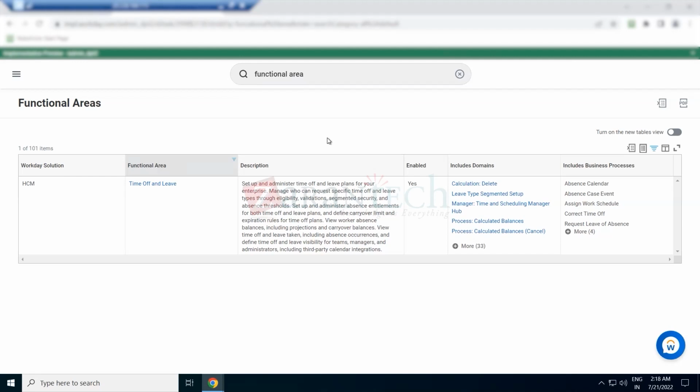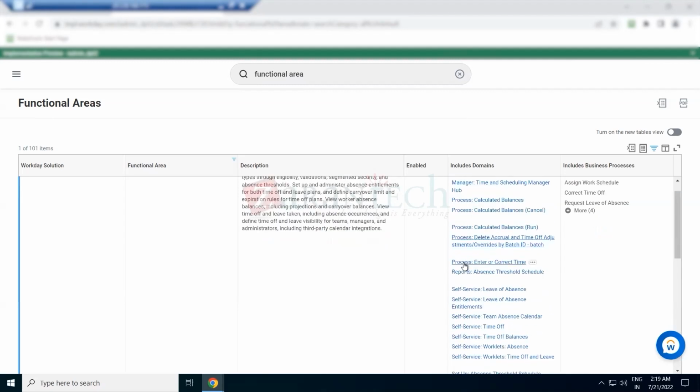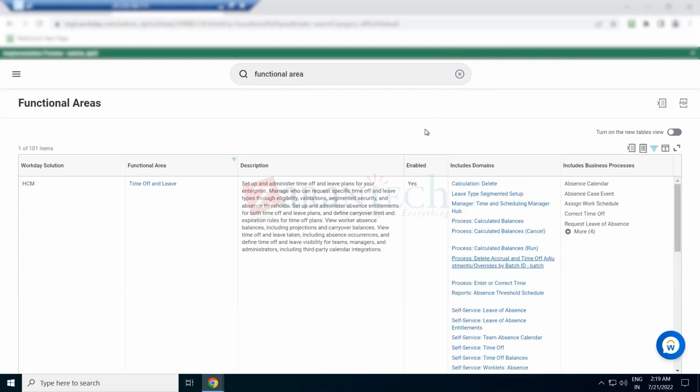I know it's too basic, but for my course, I provide this kind of information. So they need to have this particular functional area enabled, which includes right now 33 domains. You know that domains are basically gates. On a practical example, we say gates, and there are two keys: one is the view key, and the second one is the modify key.